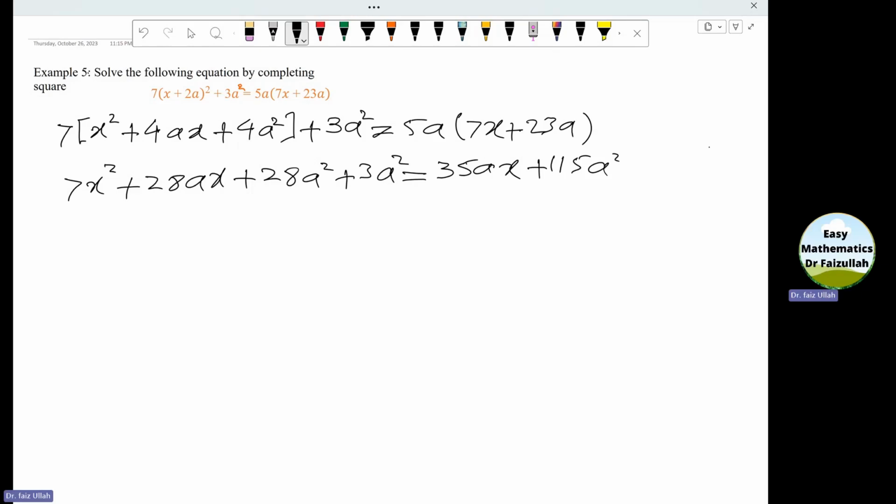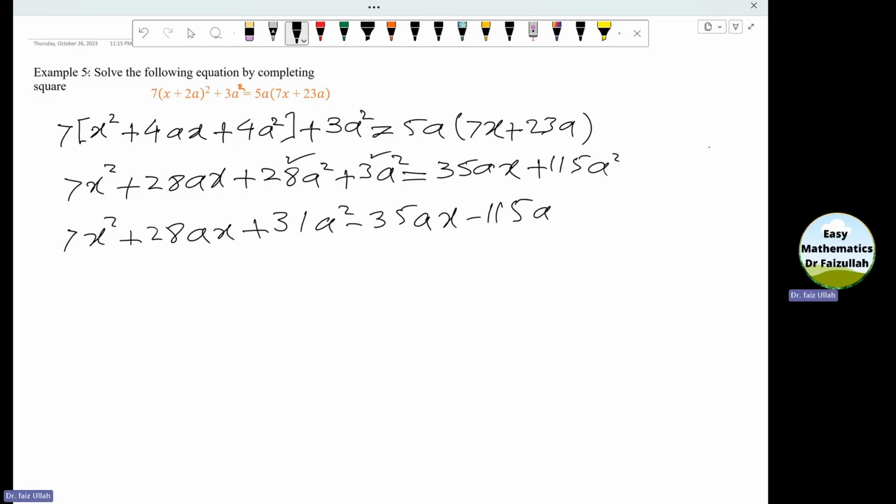Now shift all terms to left hand side. We have 7x square plus 28ax. From 28a square plus 3a square, we get plus 31a square minus 35ax minus 115a square is equal to 0.